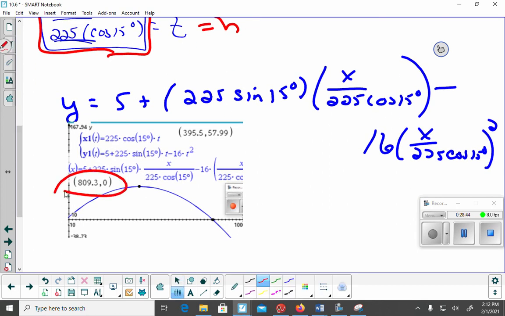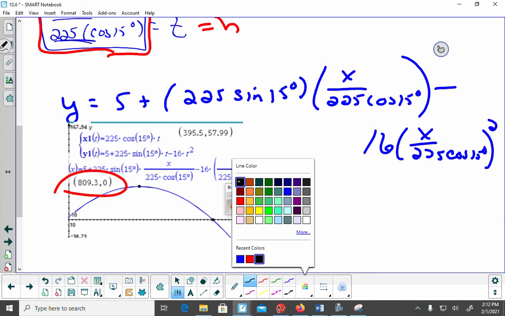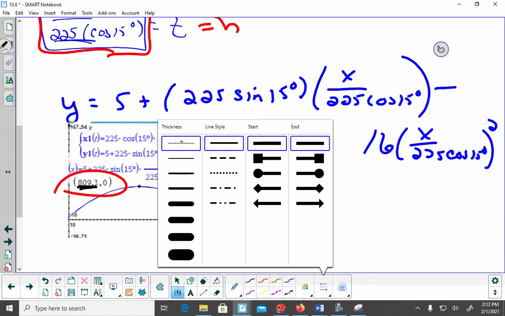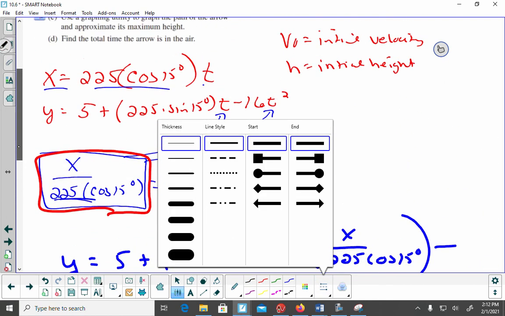809.30. So there's two ways that I can solve this to find the maximum time that this arrow is in the air. One would be to take the 809, which is the x value, and put that in here for this x.